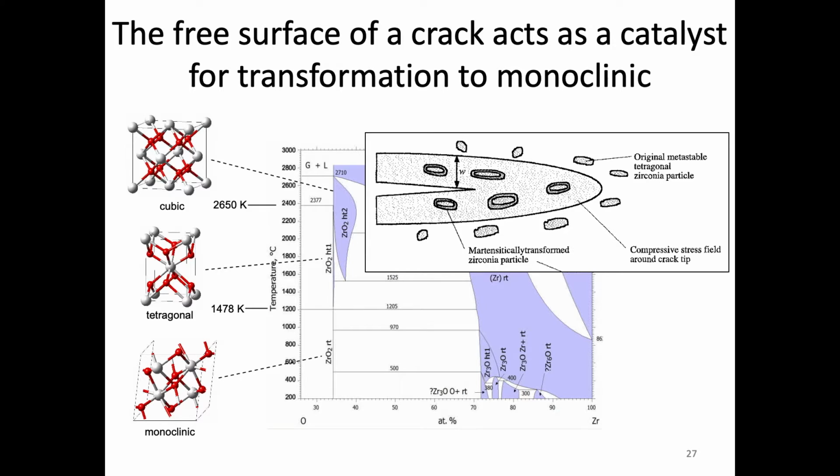So if we have one of these particles on the surface of this crack or at the surface of the material, that can also act as a catalyst for that transformation to monoclinic, because it has free space to transform into the monoclinic phase.